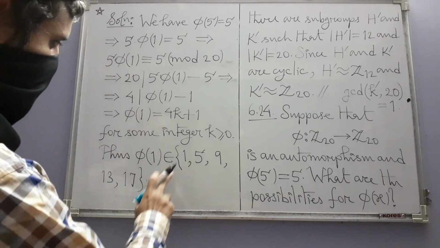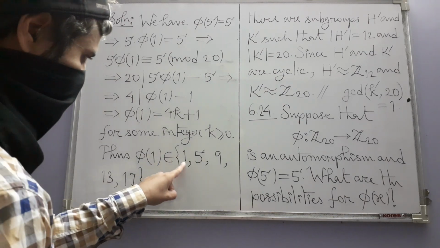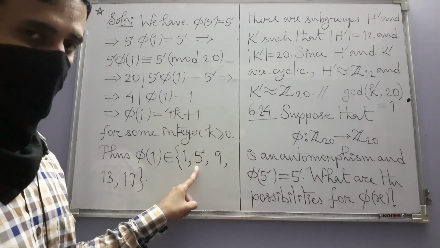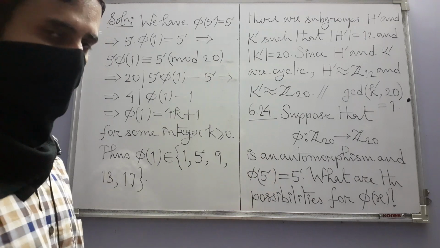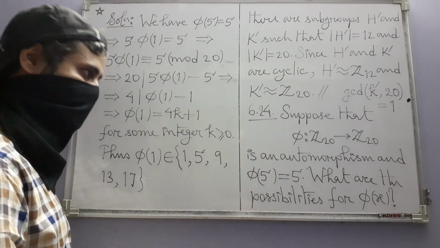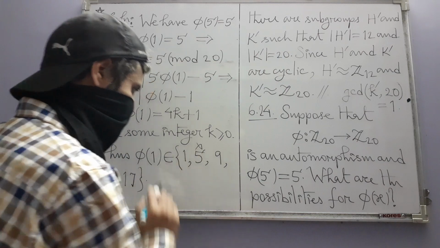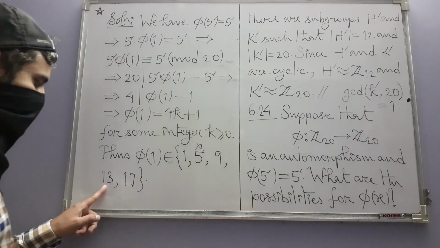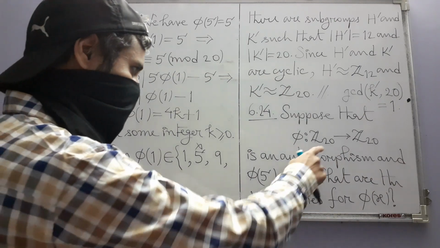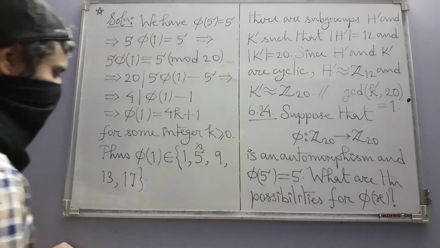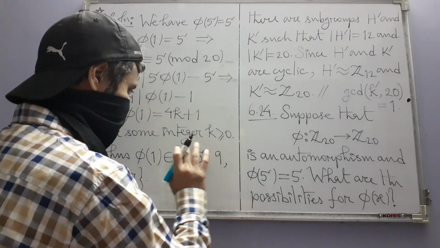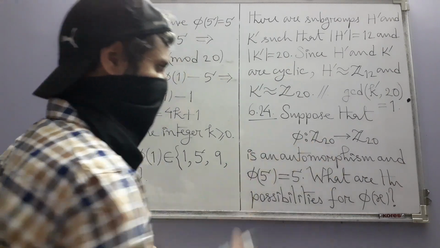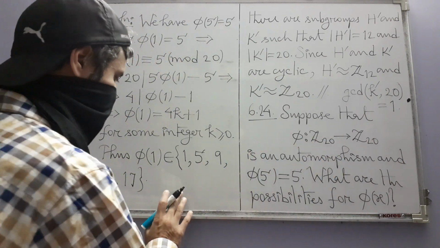So is that the case with the numbers here? 1 and 20 are of course relatively prime. 5 and 20 are not relatively prime because 5 divides 20, so the GCD of 5 and 20 is 5 itself. So this is ruled out. 9 is relatively prime to 20. 13 and 17 are primes themselves, and since they do not divide 20, the GCD is 1.